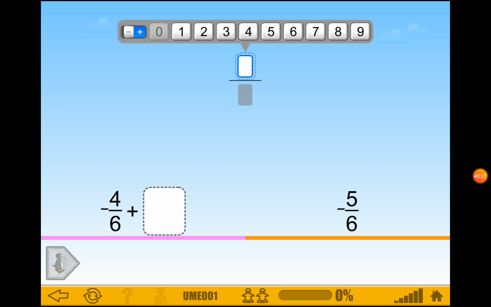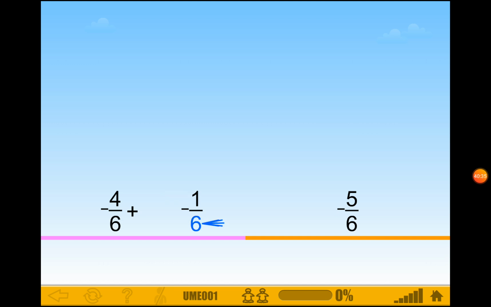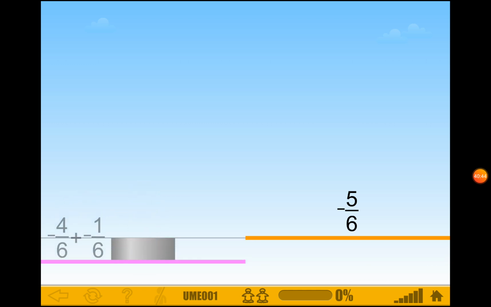Yeah, so anyways, this would be equal to negative 1 over 6. Negative 1 over 6. There we go. Because negative 4 over 6 minus 1 over 6 is equal to negative 5 over 6. Because negative 1 plus negative 4 is negative 5, and then the denominator stays the same.